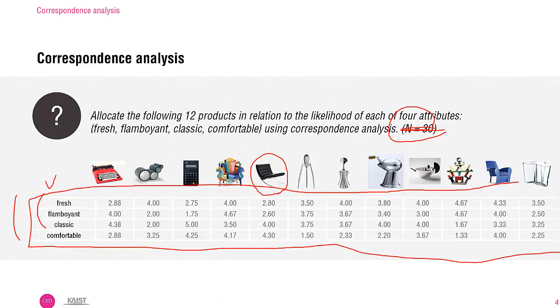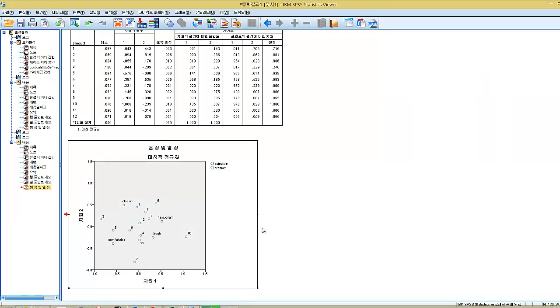Well, I agree that this should have characteristics of being comfortable, and indeed it has the highest score with regard to comfortable. So the map is quite practical to overview where the 4 adjectives are positioned in relation with the 12 products, or in other words, where the 12 products are positioned in relation with their characteristics of each adjective.